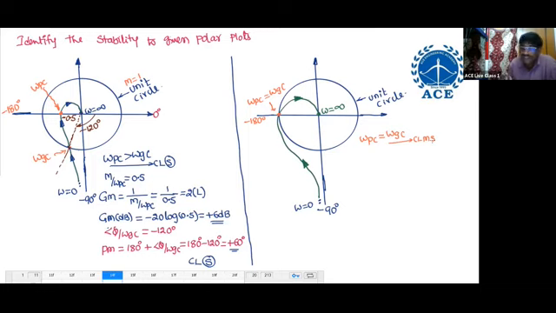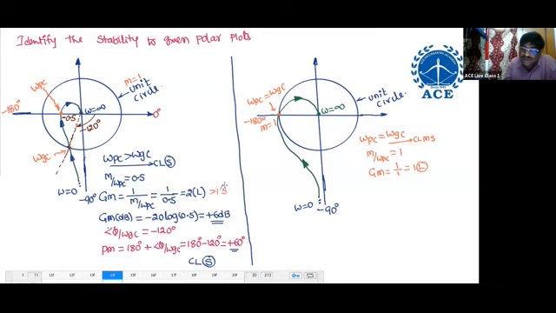And now tell, what is the magnitude here? 1, right? The magnitude is 1 here. Gain margin is 1 by magnitude at omega PC, that is 1 by 1, equal to 1 in linear. Equal to 1 means it is marginally stable. Greater than 1 means stable.